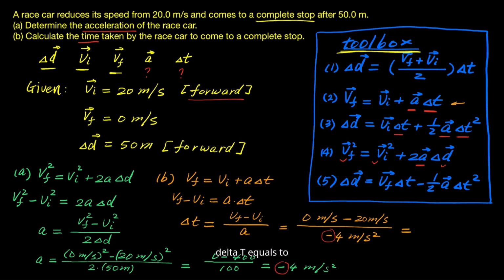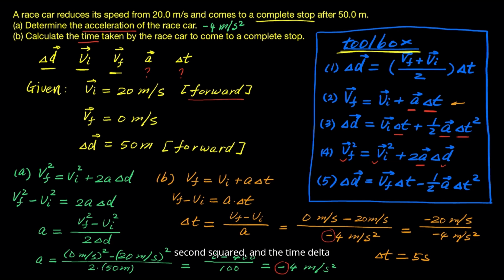So we get delta t equals minus 20 meters per second divided by minus 4 meters per second squared. So the time equals 5 seconds. The acceleration is minus 4 meters per second squared, and the time, delta t, is 5 seconds.